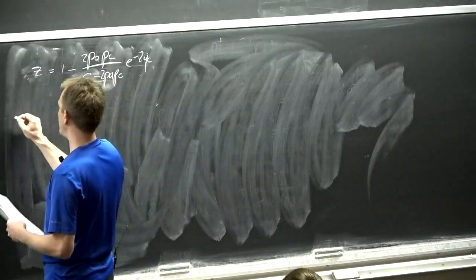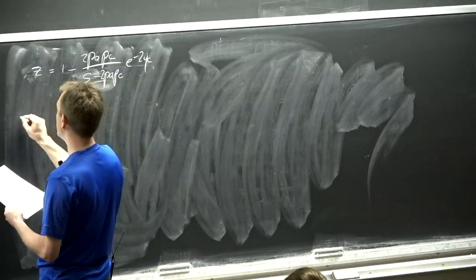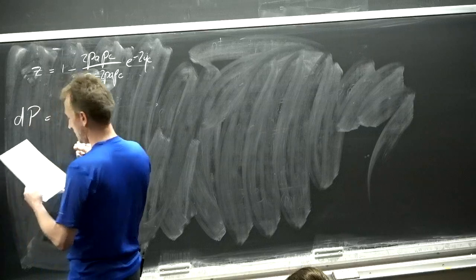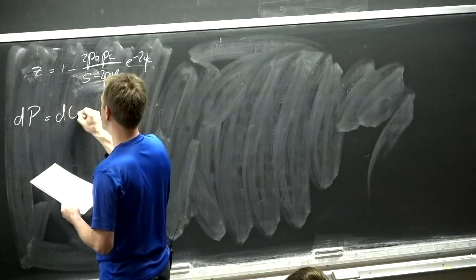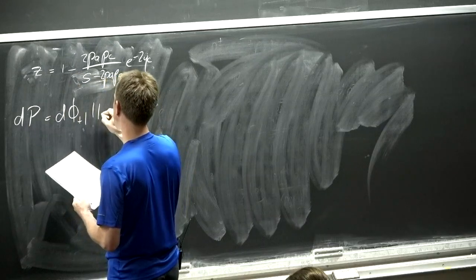That gives me the differential radiation probability in a different language. So dP becomes d phi plus 1 times matrix element squared.